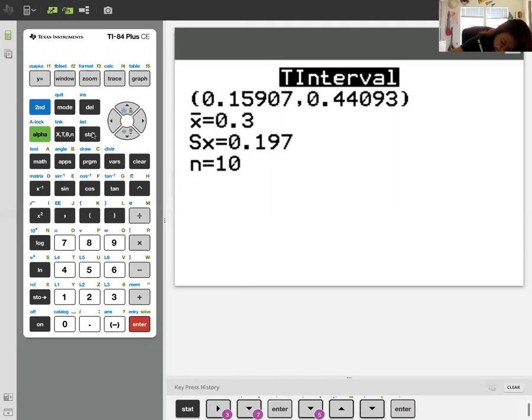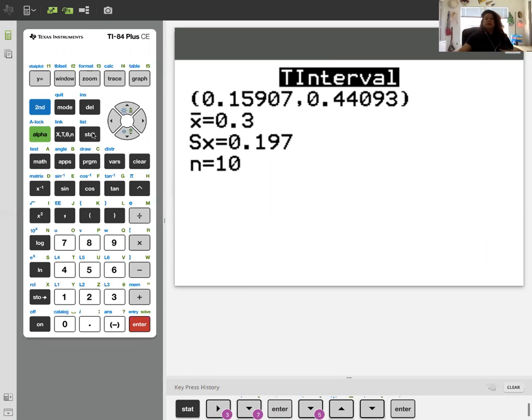So what's our conclusion? We are 95% confident that the true mean difference in miles ran in 30 minutes between Adidas and Nike shoes is captured in the interval 0.159, comma 0.44.